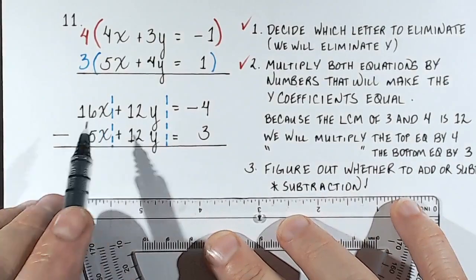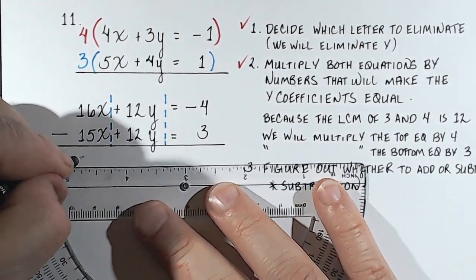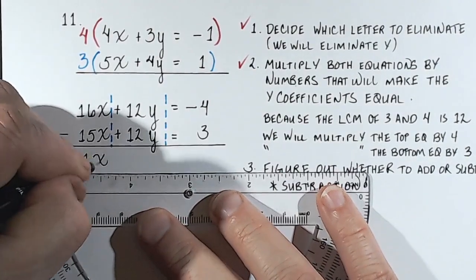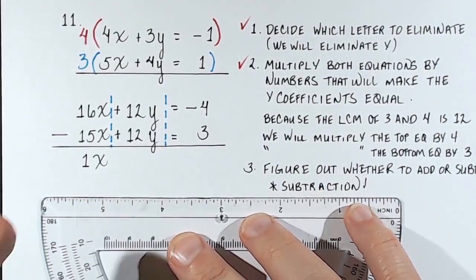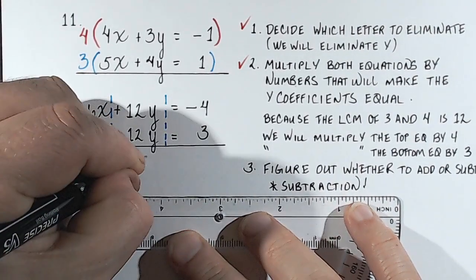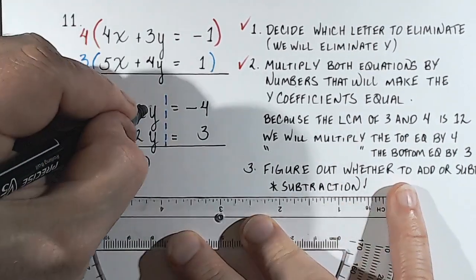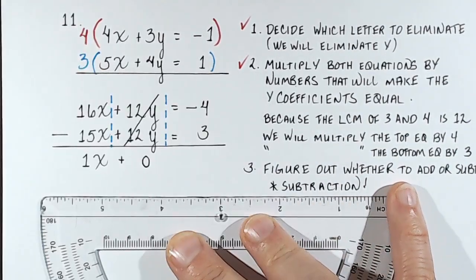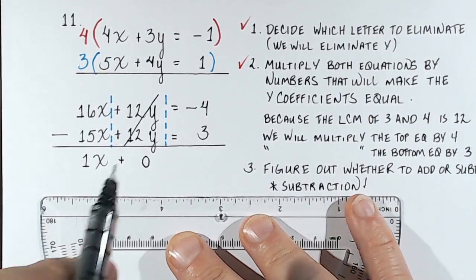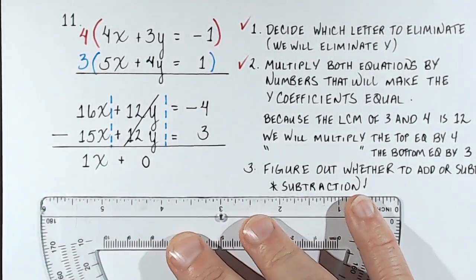So 16x minus 15x. That's 1x. And you're free to write that 1, won't hurt anybody. Now 12y minus 12y is 0, so plus 0. Okay, so those are eliminated, and sometimes people just cross them out like that, and that's fine. And now, negative 4 minus 3.